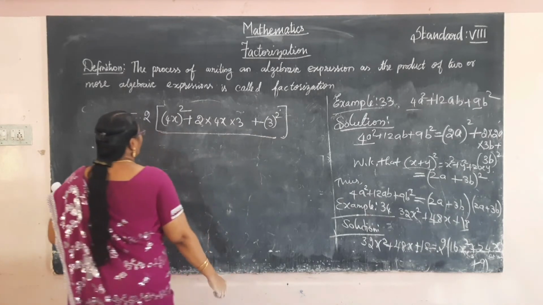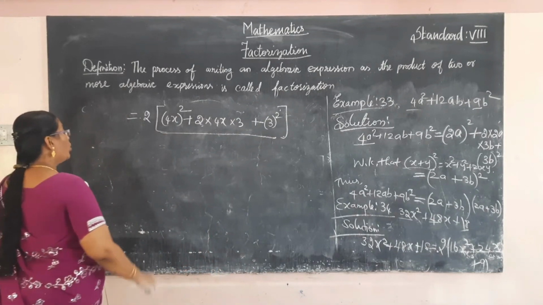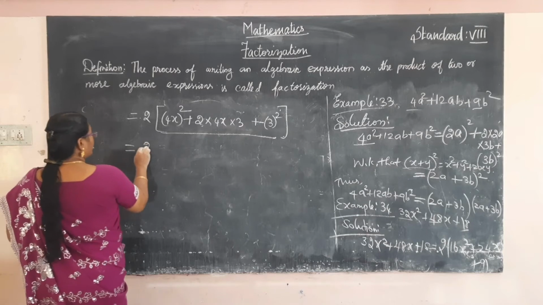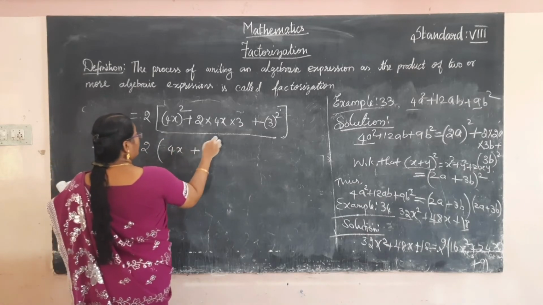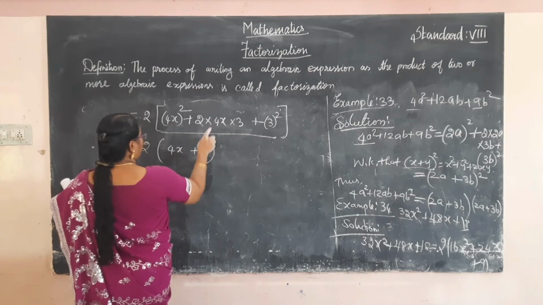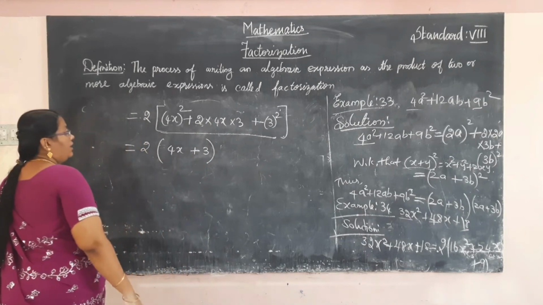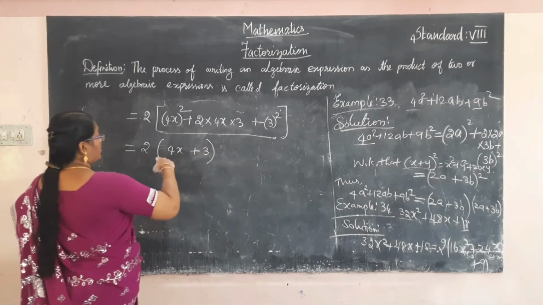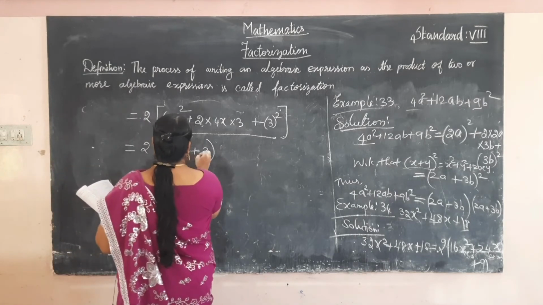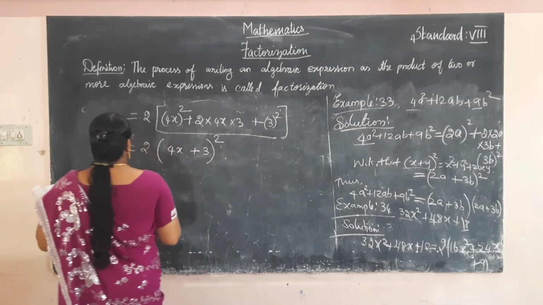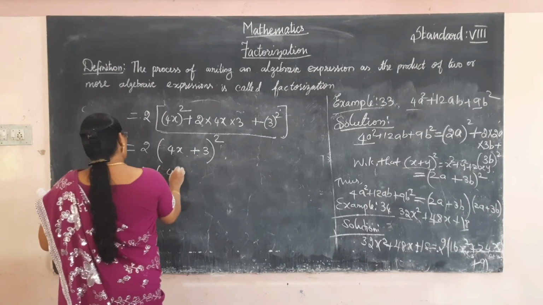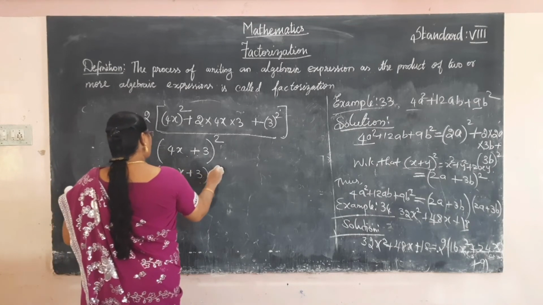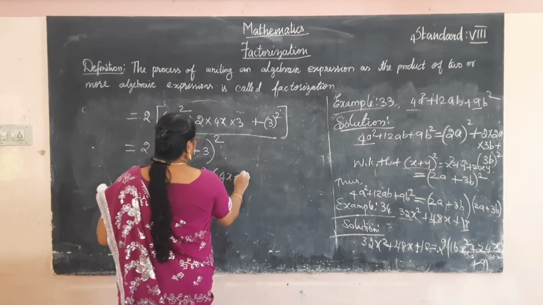It is in the form of a plus b the whole square. So 2 into the a value 4x and the b value 3: 4 twos are 8, 8 threes are 24x. Right. So 4x plus 3 the whole square, which can be expressed as 4x plus 3 into 4x plus 3.